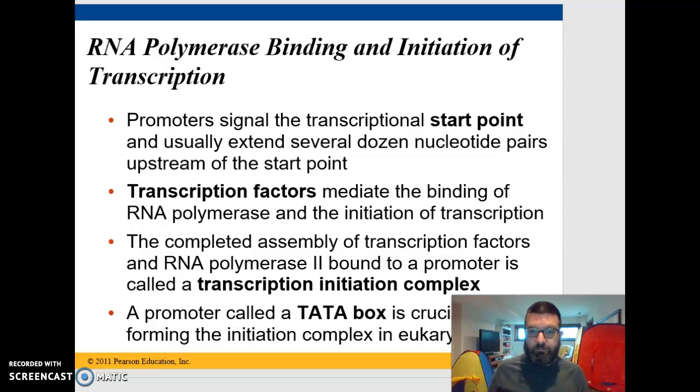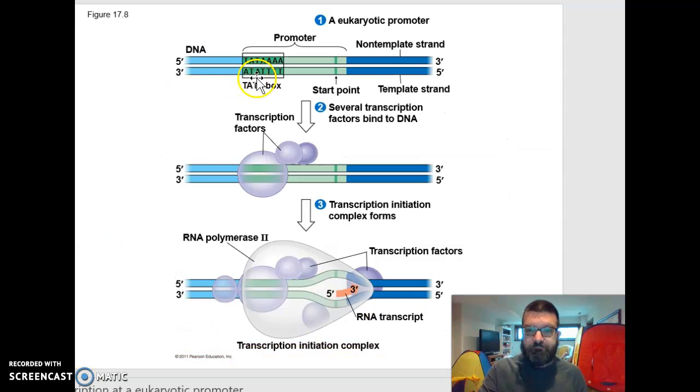For that first part, often you need chemicals called transcription factors that bind to the RNA polymerase and help it bind to the promoter before the gene. This whole thing is called a transcription initiation complex. One common promoter is called a TATA box, T-A-T-A. You often will find A's and T's in the terminator.